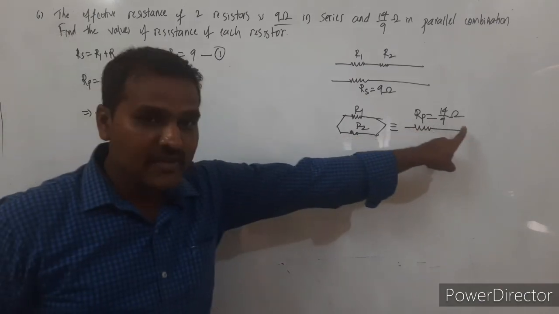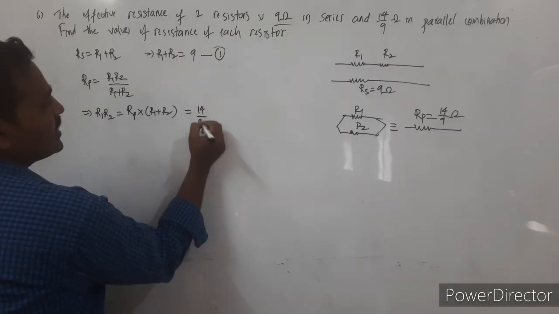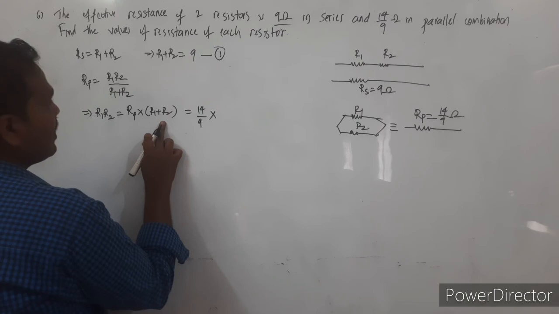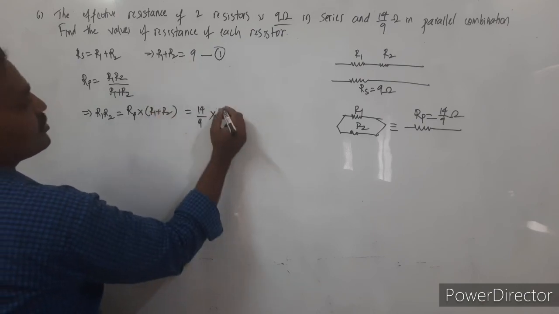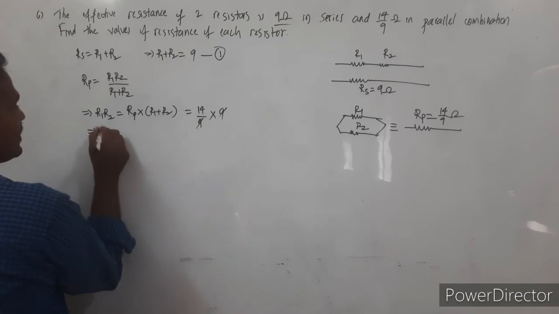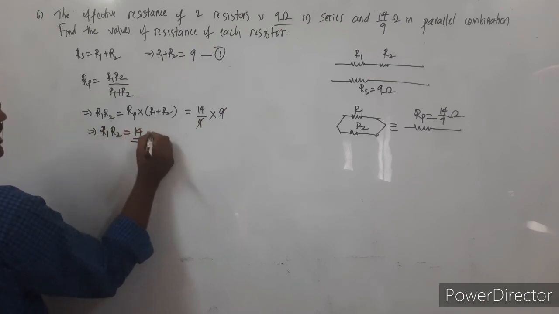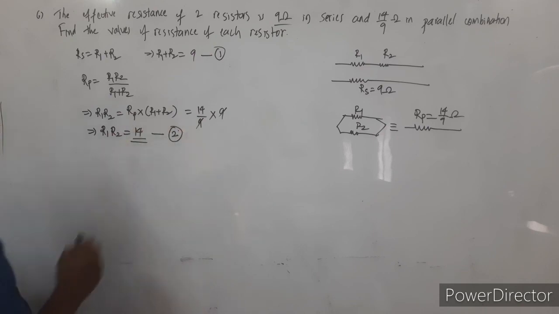Because Rp is given, 14 divided by 9, that is 14 divided by 9 into R1 plus R2. R1 plus R2 is equal to 9, so 9 gets cancelled here. This implies R1 into R2 is equal to 14. Let this be equation number 2.